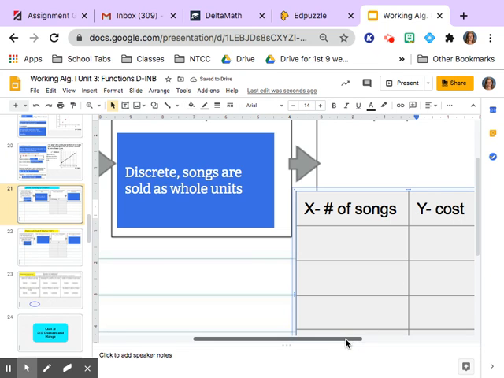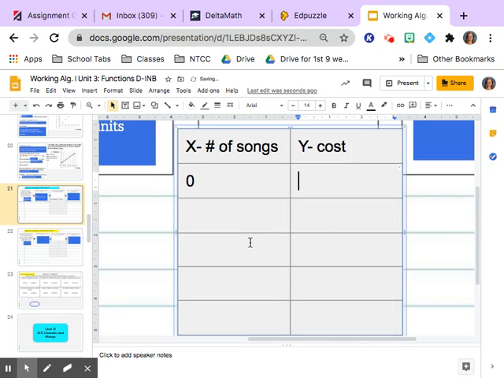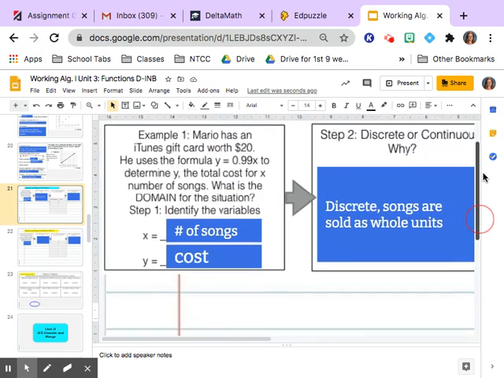Okay. So we'll start out with 0. If I have 0 songs, how much am I going to pay? $0. If I have 1 song, how much am I going to pay? No, how much were they? They're actually 99 cents.